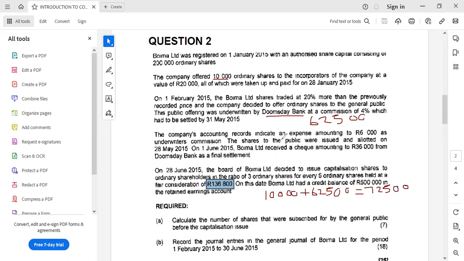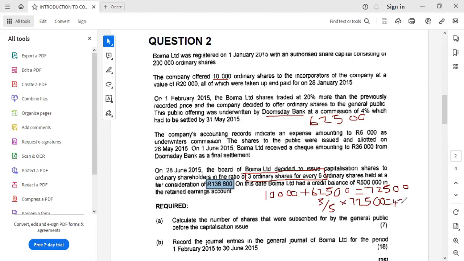Right. And then we are told that they issued 3 ordinary shares for every 5. So it's 3 over 5 times 72,500. What do we get? 43,500.